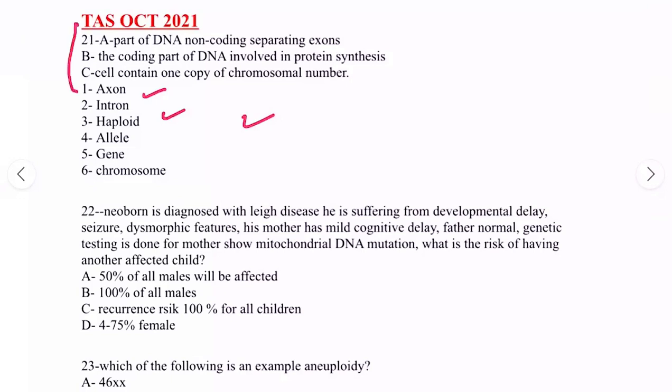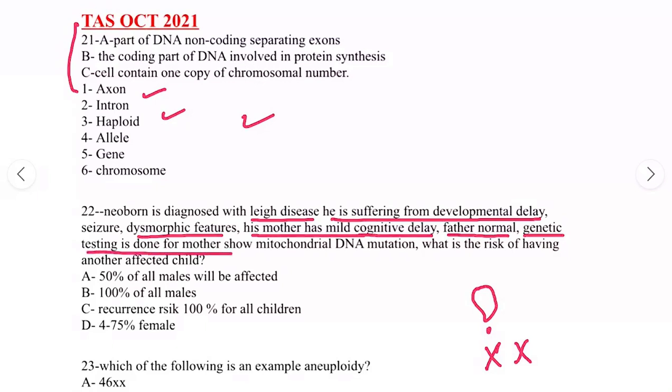A newborn is diagnosed with the disease and is suffering from developmental delay, seizures, and dysmorphic features. His mother has mild cognitive delay, father is normal. So this is a mitochondrial problem. Genetic testing of the mother shows a mitochondrial DNA mutation. What is the risk of having another affected child?